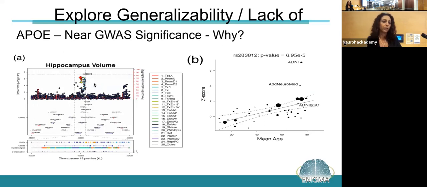Interestingly, though, ApoE has been repeatedly shown to be associated with hippocampal volume. In our GWAS, it wasn't. Or it was just sub-threshold, actually. The p-value was not 10 to the -8th, but 10 to the -5th. So we wondered, why is that? We wanted to look into that further.